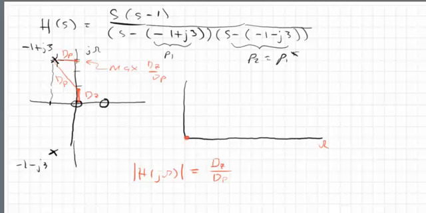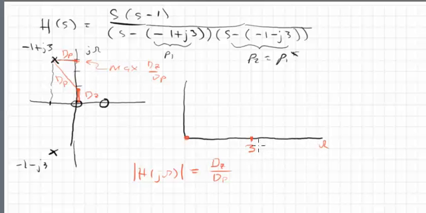The reason is dp is at its smallest value at this frequency, when omega is equal to 3. So when the distance of the pole is smallest, that makes the frequency response the biggest. So that happens at, what do we say, 3.